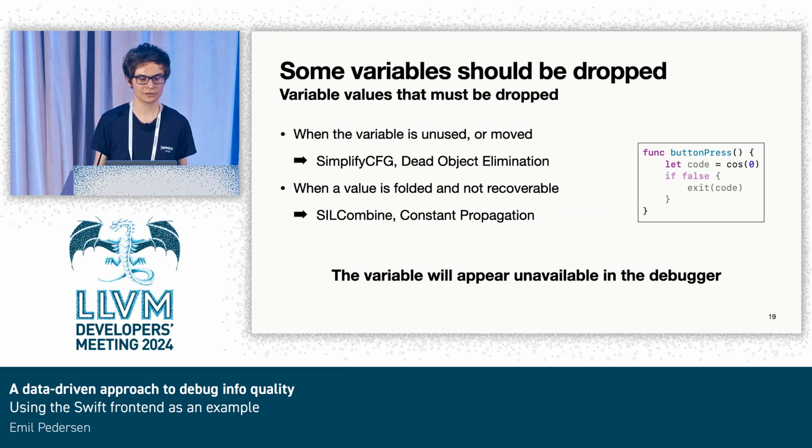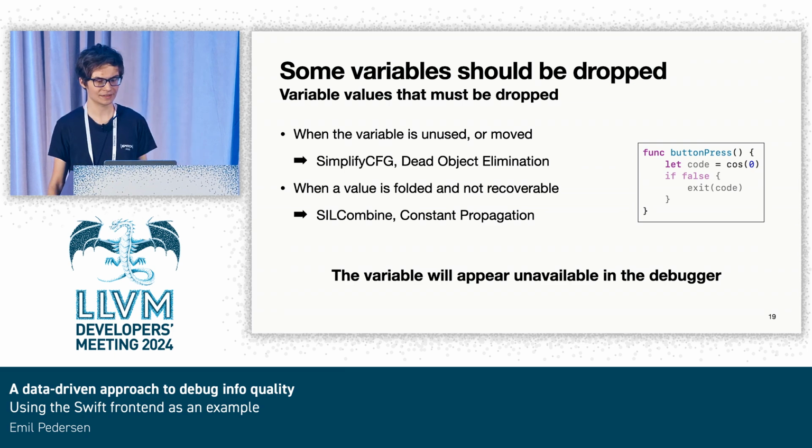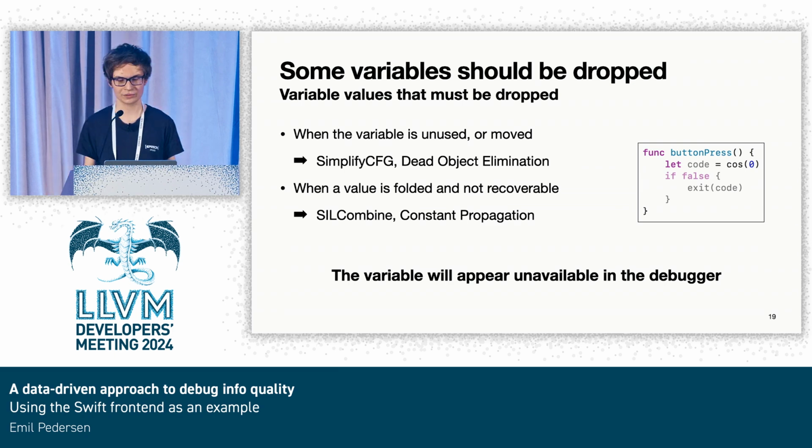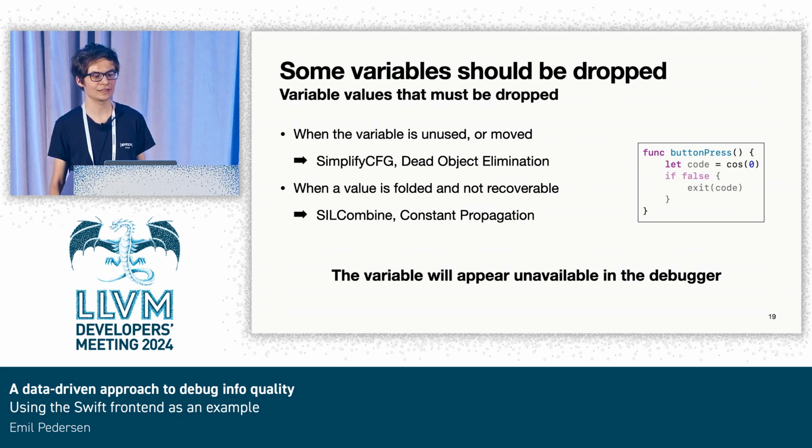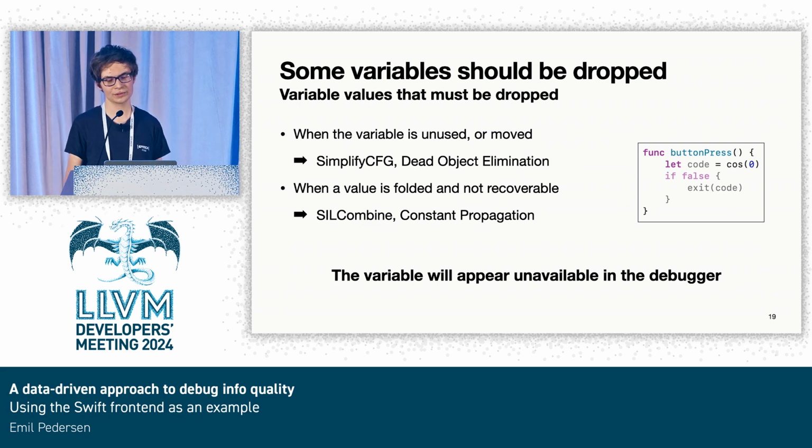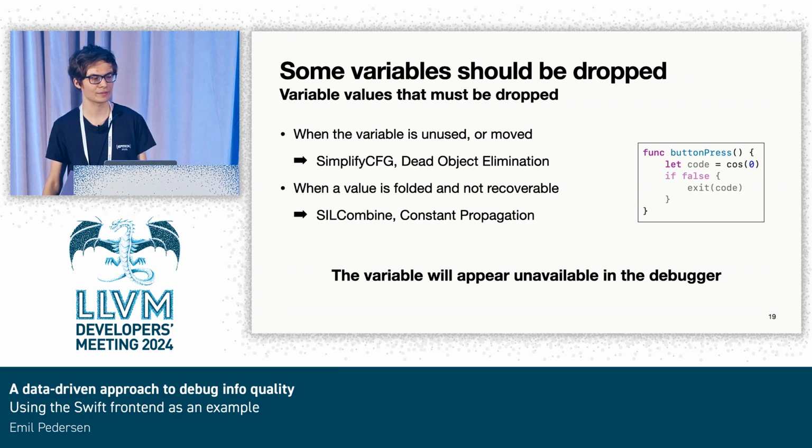But this is often not done well by SIL passes, which is why variables disappear so often. Simplify CFG is one of those cases. If a value is folded and can be calculated by DWARF expressions from available values, then we should also show them as unavailable while keeping the variable there.